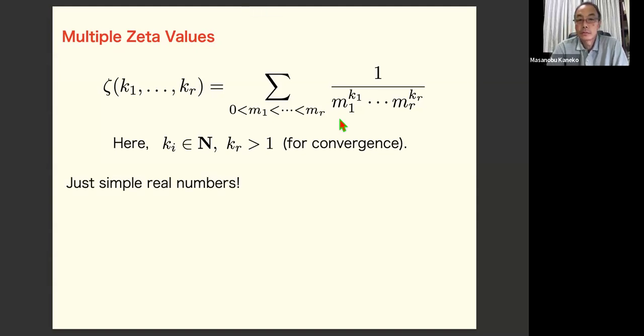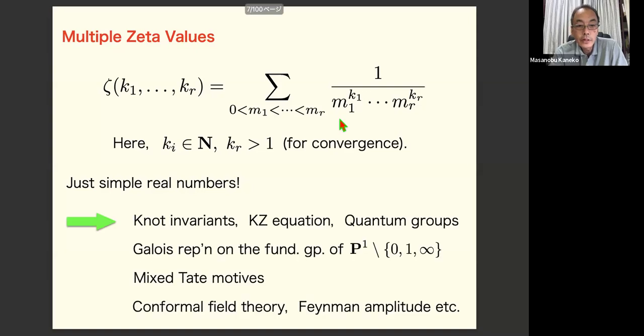These are just simple real numbers, but amazingly enough, there are lots of nice structures behind them, and they connect to various fields of mathematics, such as those I listed here: knot invariants, quantum groups, mixed Tate motives, etc.